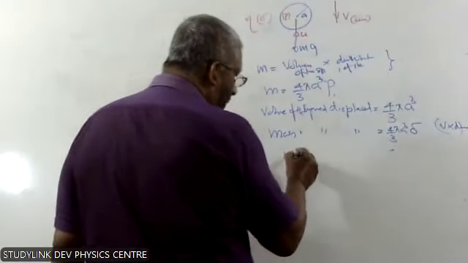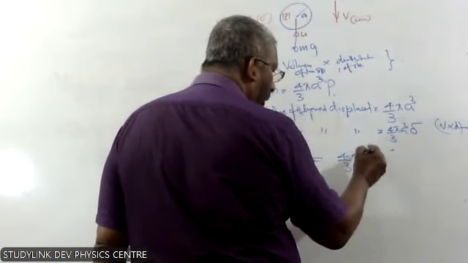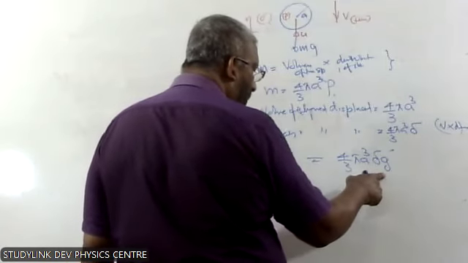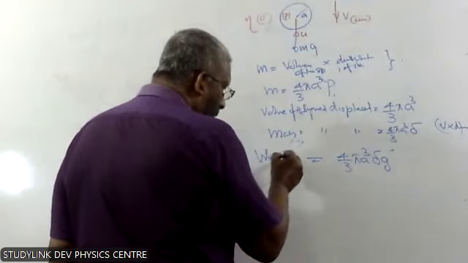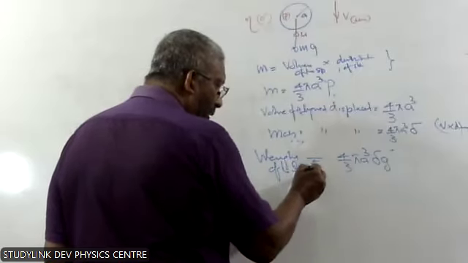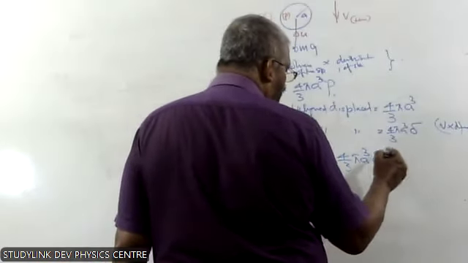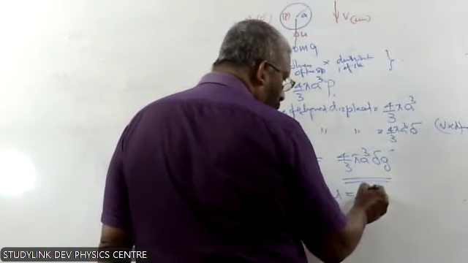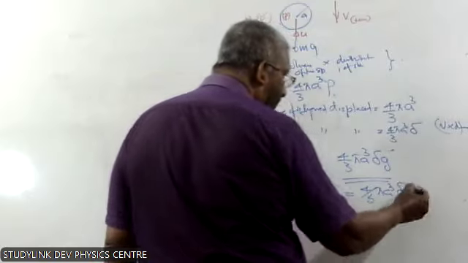Then upthrust U is equal to 4 by 3 pi a to the power 3 sigma g, because weight of the liquid displaced is mass into g. Therefore, upthrust is equal to 4 by 3 pi a cube sigma g.